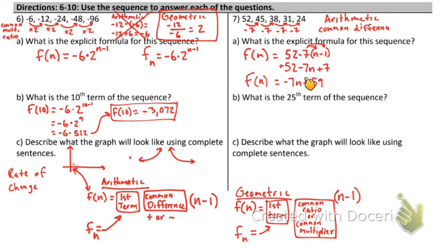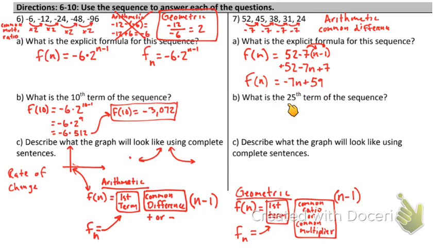Okay? Both of these formulas are the explicit formula. Okay? So this is just the not simplified. This is the simplified. You actually can use both and it will give you the same exact answer if you do it correctly. All right, we want the 25th term. So we're going to use the bottom one because it's faster to do.